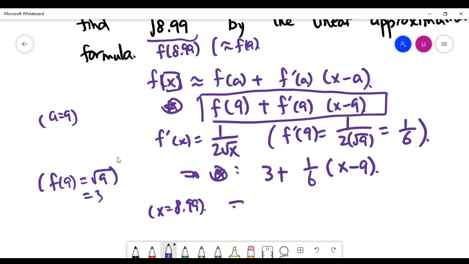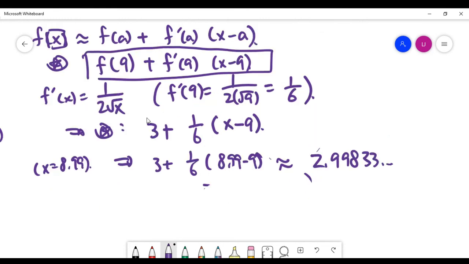So I can evaluate this linear function at the point 8.99. Let me write it down here. This value is very close to the number I stated here, and that's the answer to this problem. We get the value of the square root of 8.99 based on the linear approximation formula.